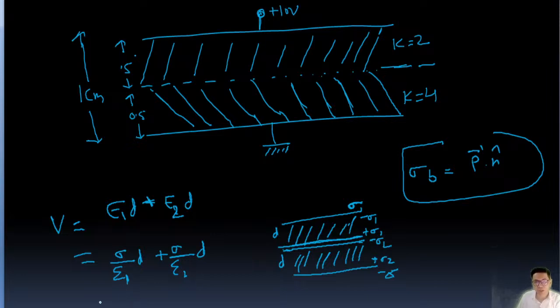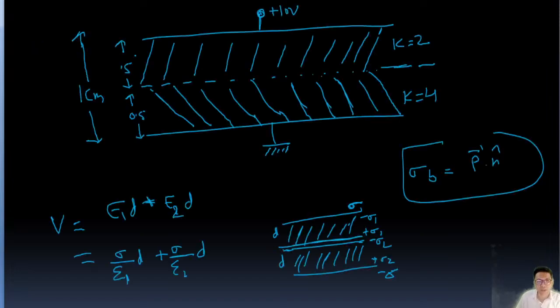So this is going to be V equal to sigma upon 2 epsilon 0 D plus sigma upon 4 epsilon 0 D. How?